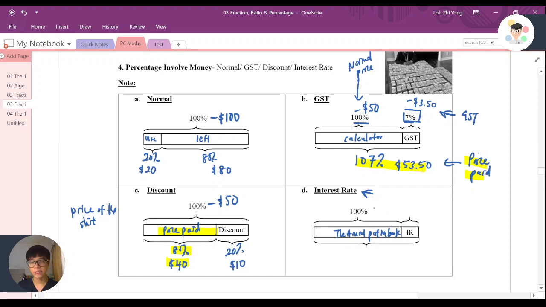Okay, an example I put here, actually I put $50 on it. Okay, and the bank usually will give you a certain interest rate for a year, example. For example, this bank says that, okay, I will give you 2% interest rate.